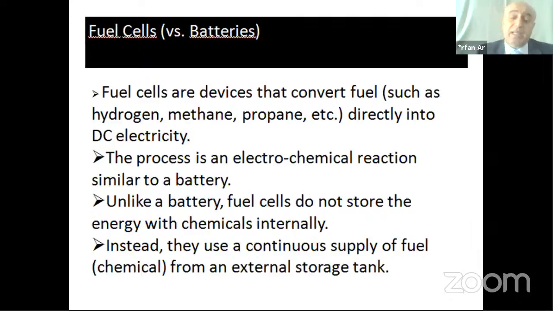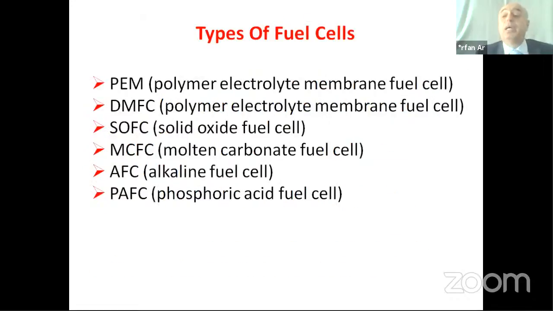It processes an electrochemical reaction similar to a battery, but unlike a battery, a fuel cell does not store the energy with chemicals internally. Instead, they use a continuous supply of fuel from other sources. There are different types of fuel cells.